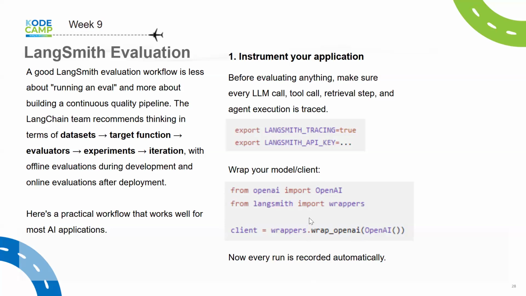Okay, so that's the first step. The first step is instrument your application. Ensure that your application is sending metrics, is sending traces, and is sending logs to the observability platform. That's the most important first step. Then of course enable it.